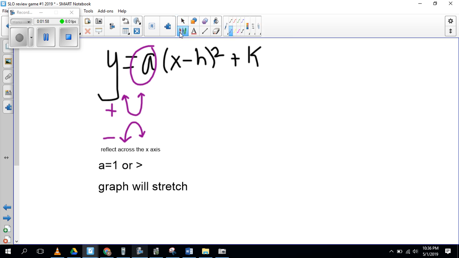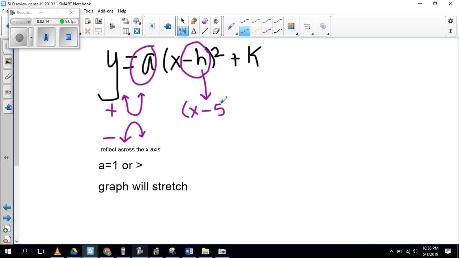Okay, H. So H is that little crazy one. Remember, I always tell you got to change the sign. So basically, it's going to be the opposite of what you think. So if we get H, and say it is x minus 5 squared, the easiest thing to do is to pull it out, and it becomes positive 5. And so it would go to the right.